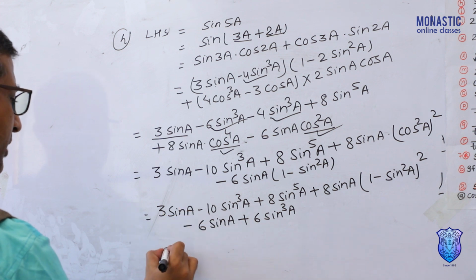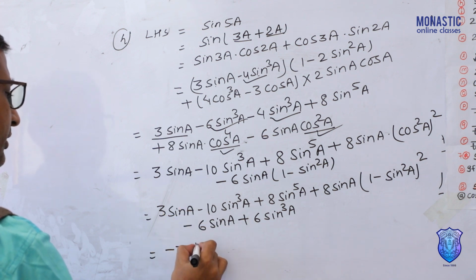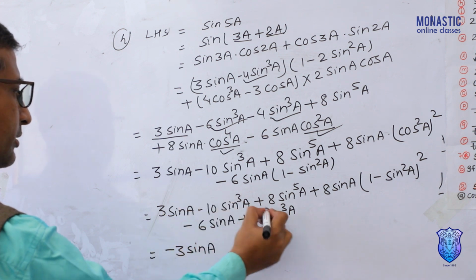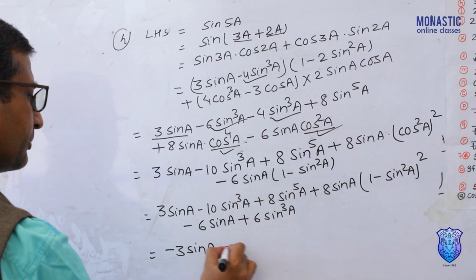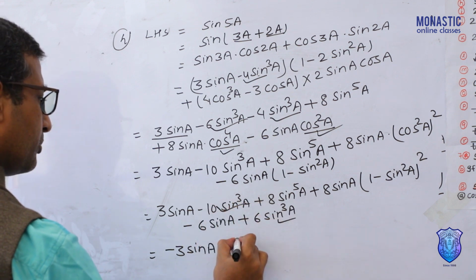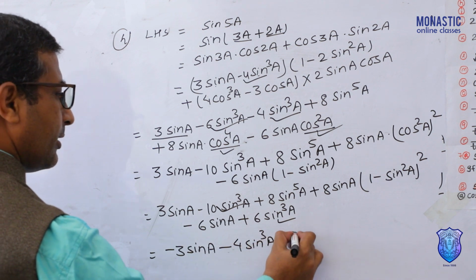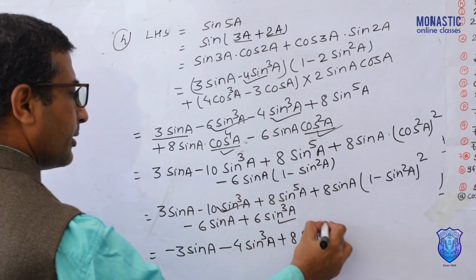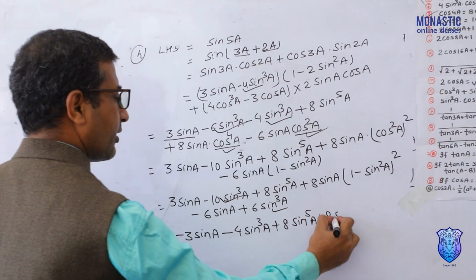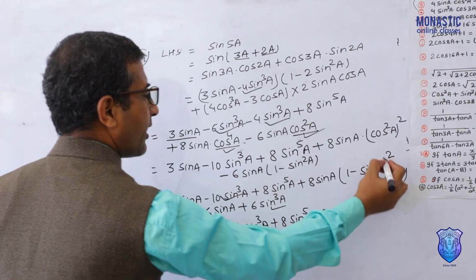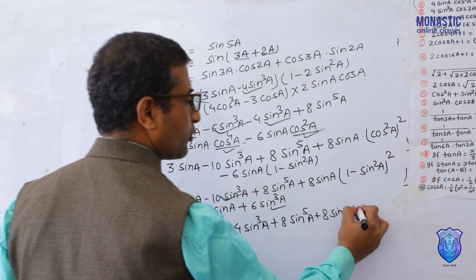Now 3 sine A minus 6 sine A is minus 3 sine A, minus 10 sine cube A plus 6, the sum of these two, is minus 4 sine cube A, plus 8 sine to the power 5A, 8 sine A, and write the formula of A minus B whole square.